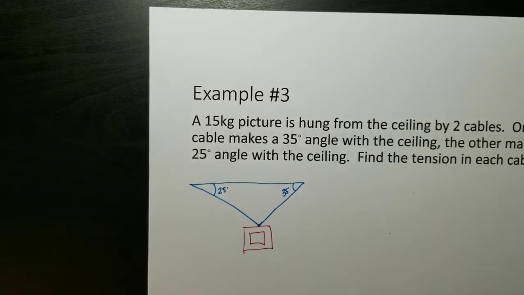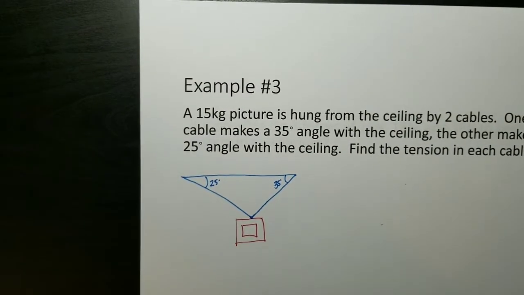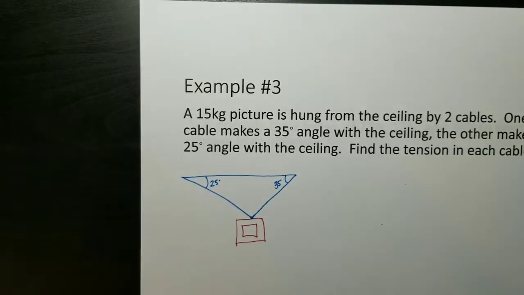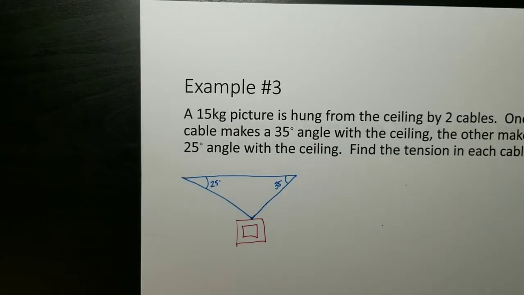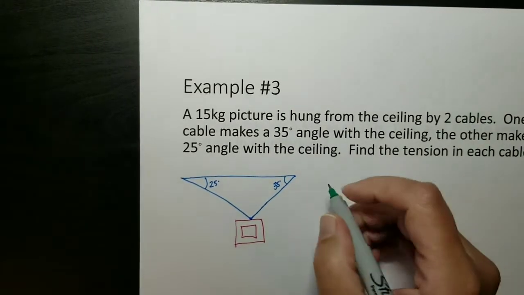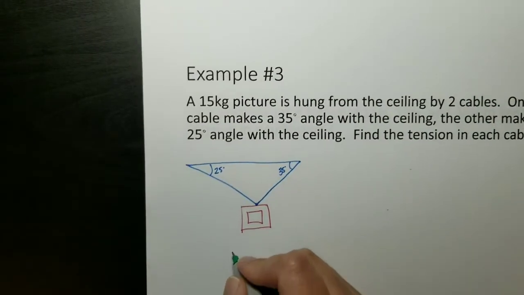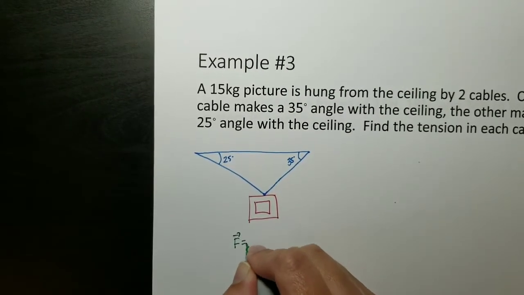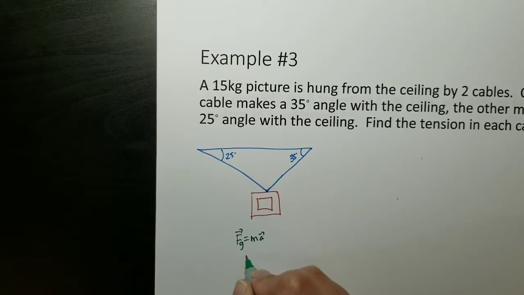So we're not given any numbers about the amount of force. We don't have any measurements of force in here. So what we have to do here is thinking back to the force being mass times acceleration. So that's the force of gravity, is mass times acceleration.